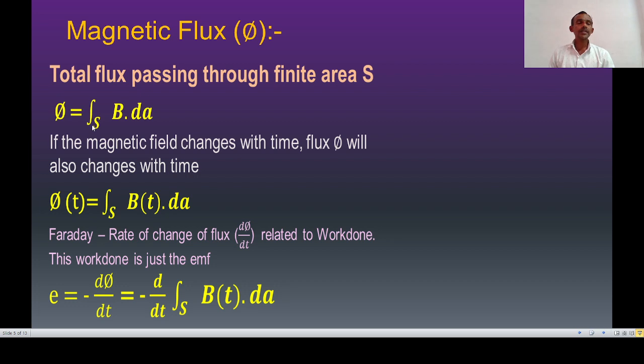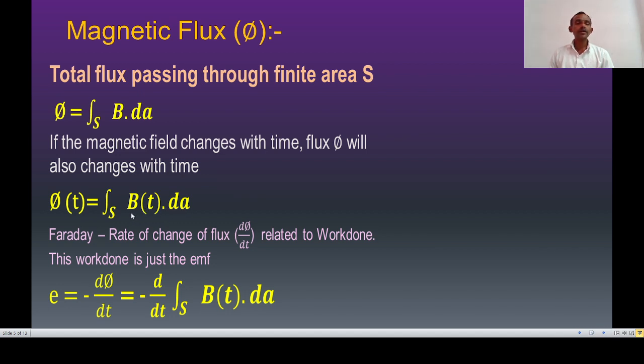Now, if the magnetic flux changes with respect to time, then phi also changes with respect to time. Therefore, the above equation can also be written as phi of t is equal to the surface integral of B of t into dA.